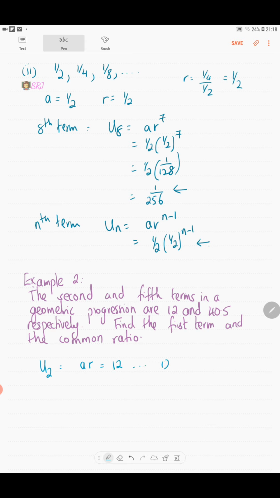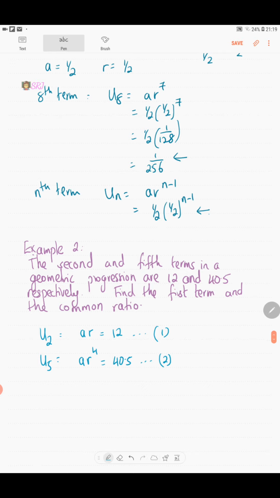This is equation 1. And then the fifth term, which is u5, which we can write as ar^4, is 40.5. So this is equation 2. We have to find the first term and the common ratio.